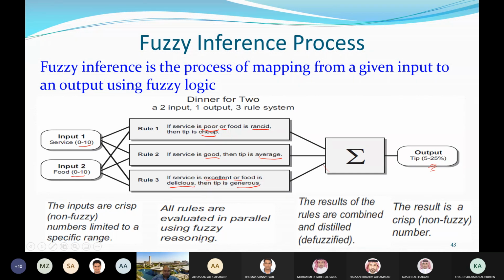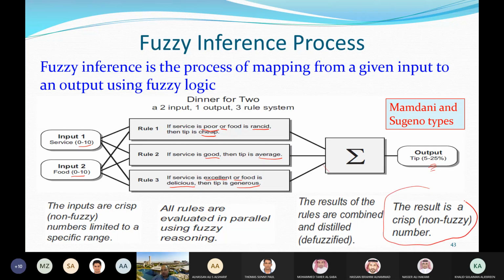So let us see how to proceed with a certain evaluation of the surface and the food. Before this, we need to point out here, we have two methods for defuzzification. For defuzzification, we have two methods.